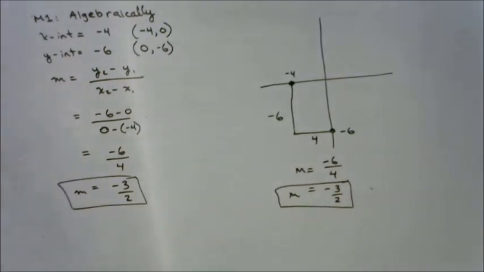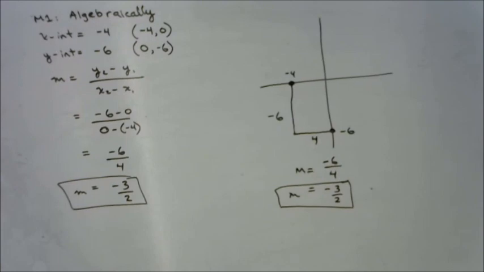Do you have key concepts there? I'm going to just read for you, fill in the blank. The x-intercept is the x-coordinate of the point where a line crosses the x-axis. At this point, y equals 0. The y-intercept is the y-coordinate of the point where the line crosses the y-axis.